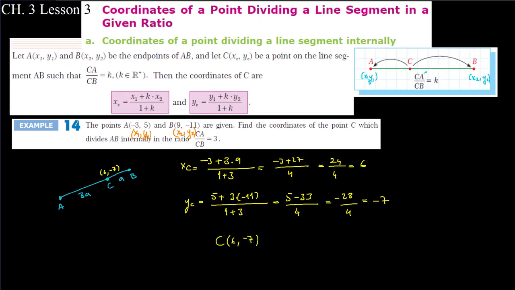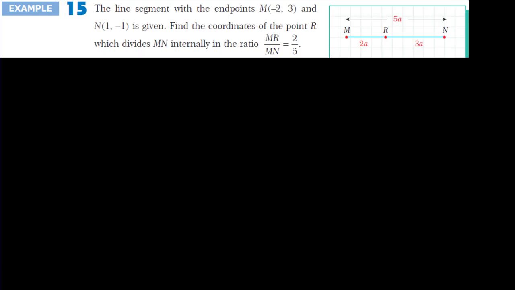Okay, let's continue with the other question. Here, the line segment has endpoints M and N, and given the ratio, find the coordinates of R when MR over MN is equal to 2 over 5. Here also we need to be careful about which ratio is given.